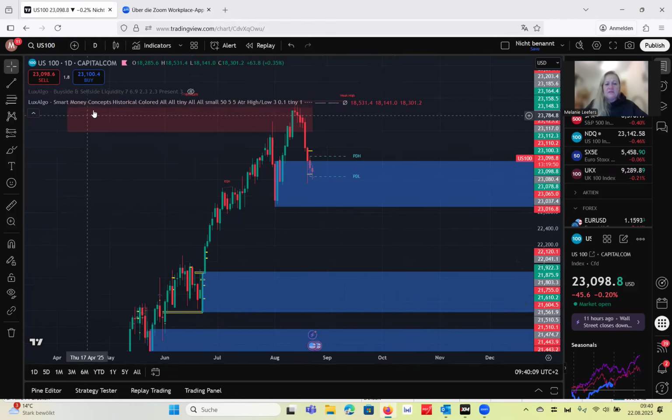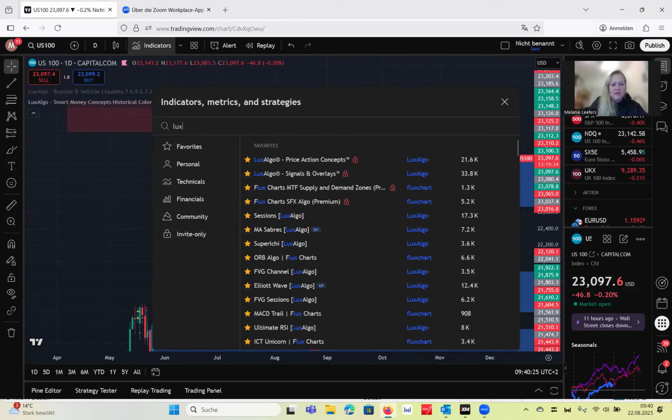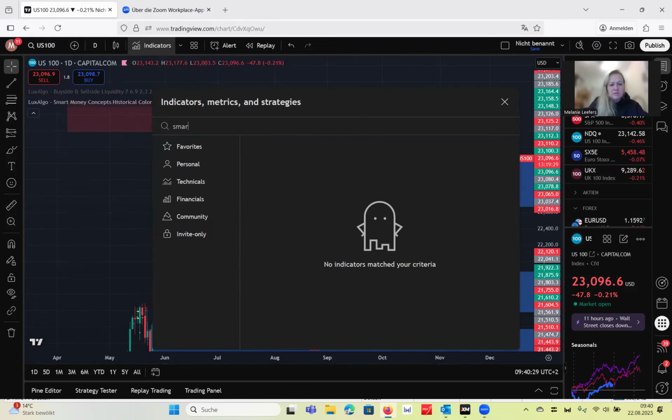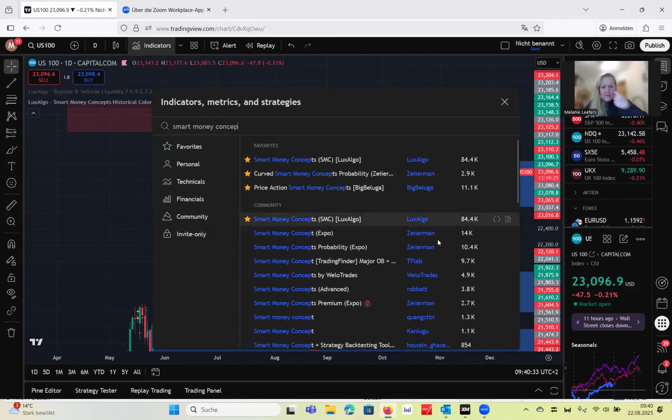It shows you the previous day high and the previous day low, so you don't have to mark this extra here. What you want to do is go to indicators and type in Lux, smart money concepts, and then click the Smart Money Concepts by LuxAlgo.